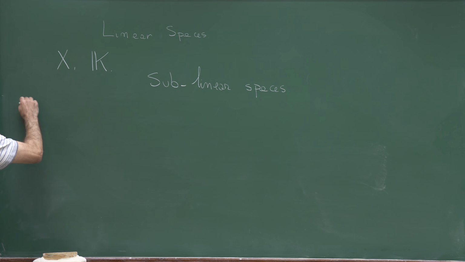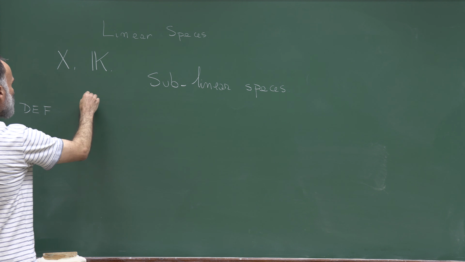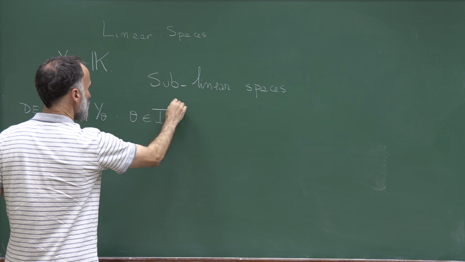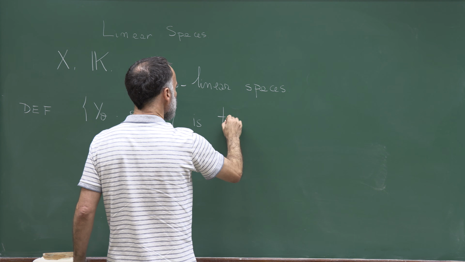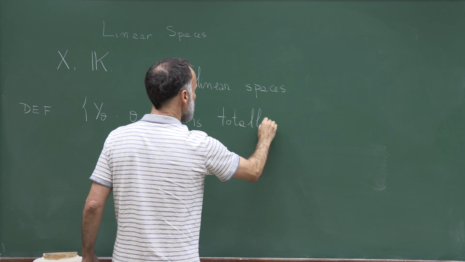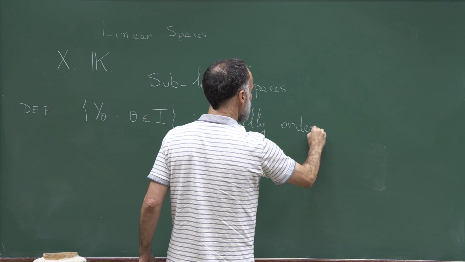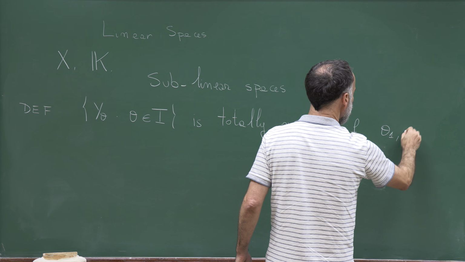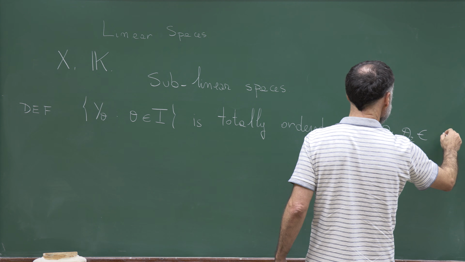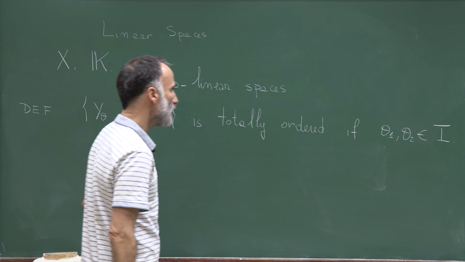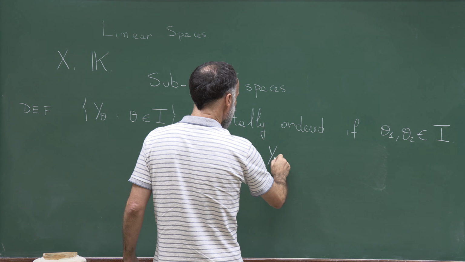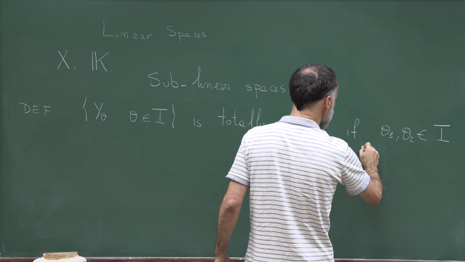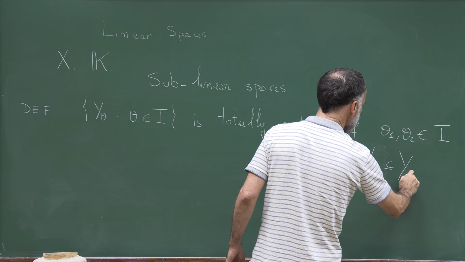So I will say that a family Y theta is totally ordered if you take any theta 1 and theta 2 in your set of indices I, then either Y theta 1 is contained in Y theta 2 or Y theta 2 is contained in Y theta 1.